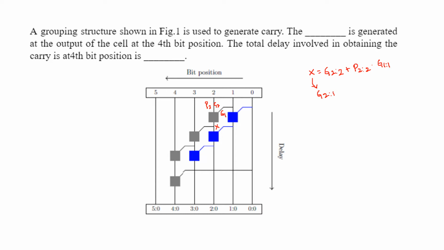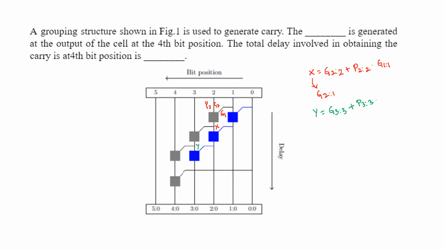So now let's see what we get at the position Y. So this is X. So let me call this position Y. So what do you basically get at position Y? Y takes in the input from 3. That is, it takes in the input G3 plus P3 dot, what is the next input?